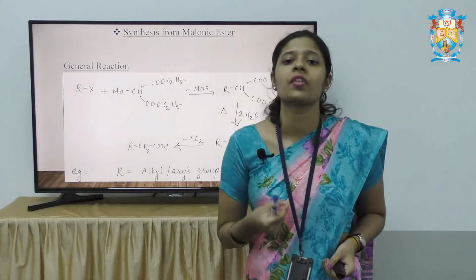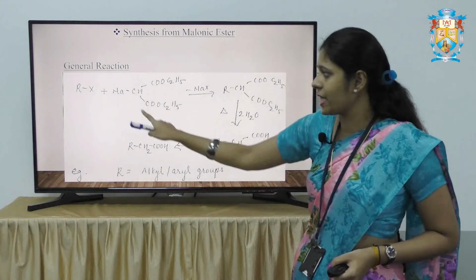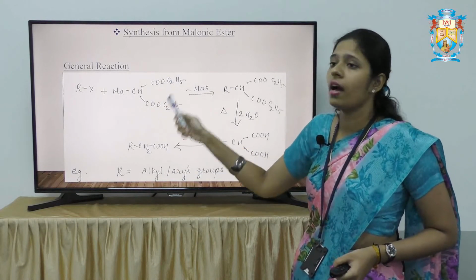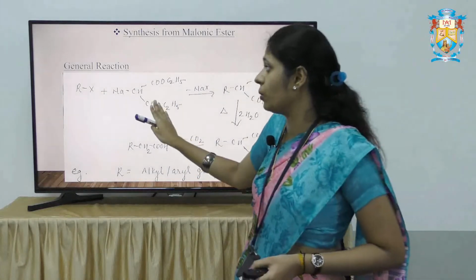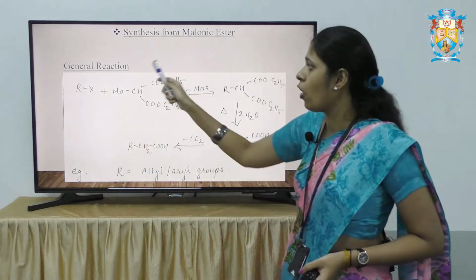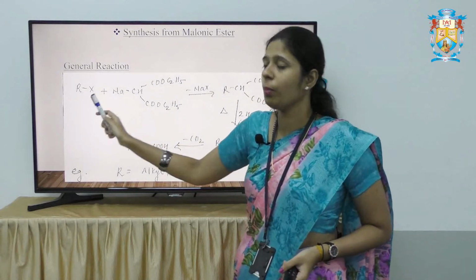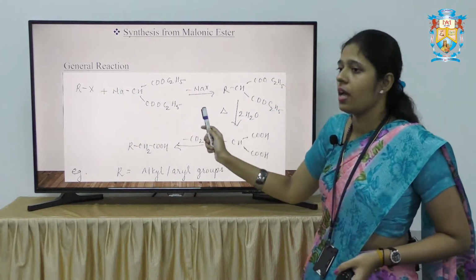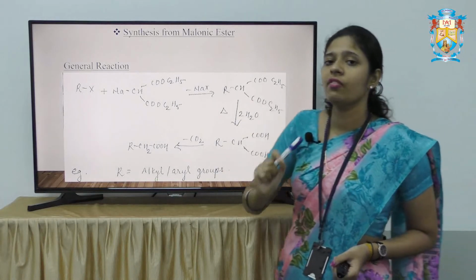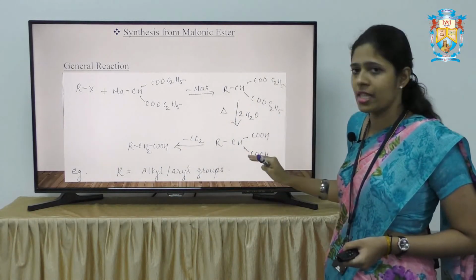Last synthesis we move on to is synthesis from Malonic Ester. Now this is the Malonic Ester in which you can see the C double bond O, C2H5 is there twice in a molecule. So here also what happens, the alkyl or aryl halide in presence of malonic ester reacts in which the sodium and halide group is eliminated first in the first step, and in the second step there is addition of 2 molecules of water in which there is also removal of 2 ethanol molecules, and then we get 2 acid molecules.